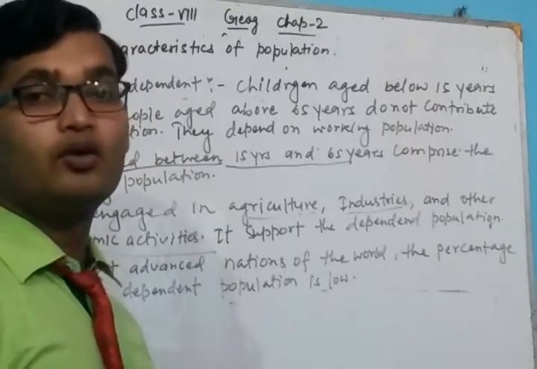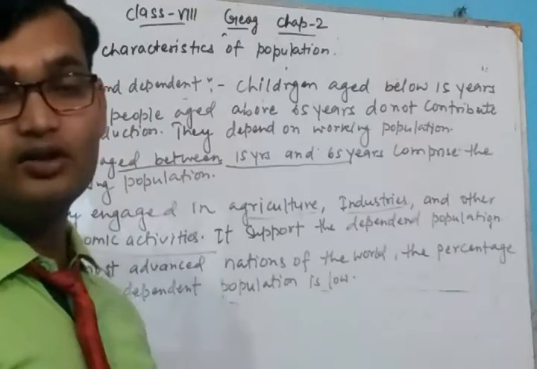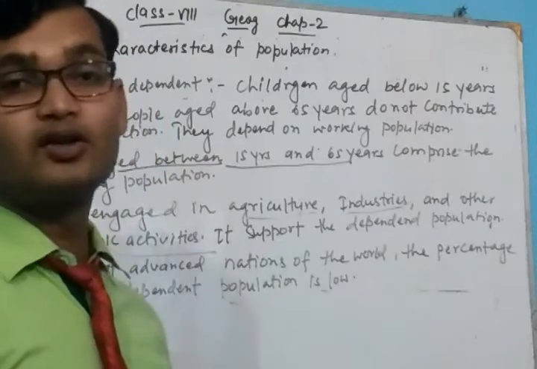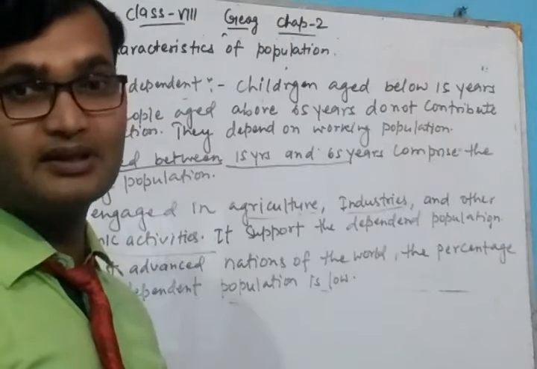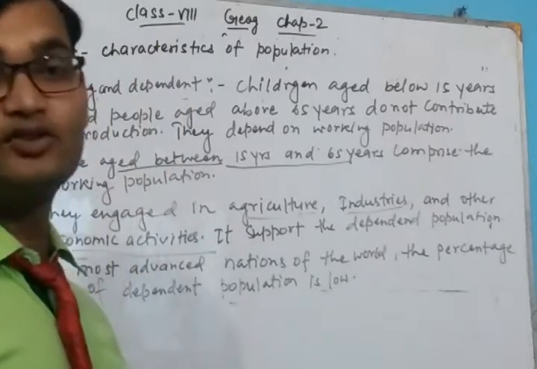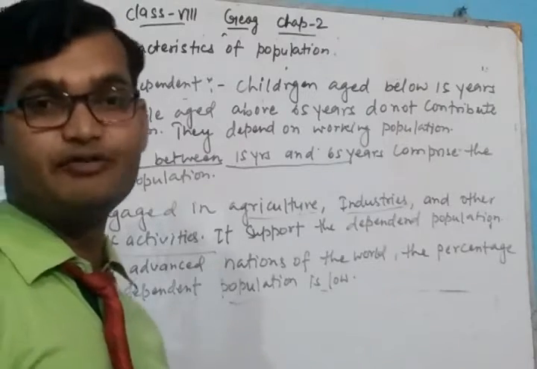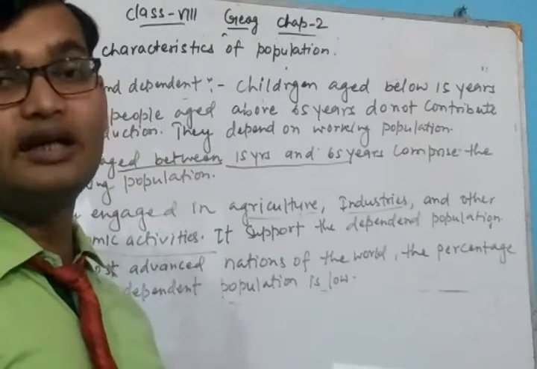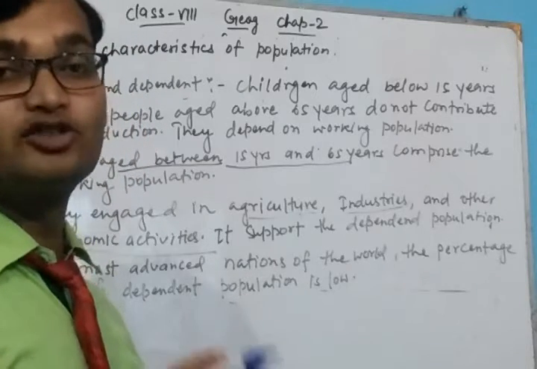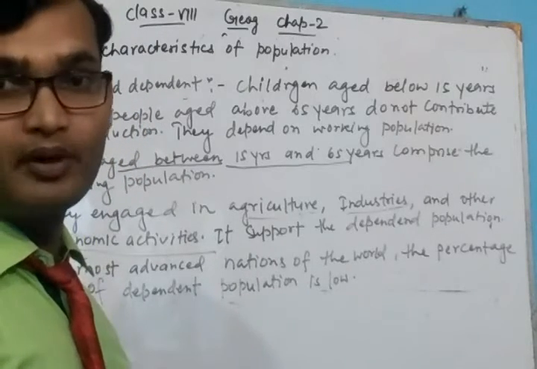The people who are not able to work, not able to earn money, and do not support economic activities are called the dependent population, like those below 15 years old and above 65 years old. This dependent population is supported by the working people.